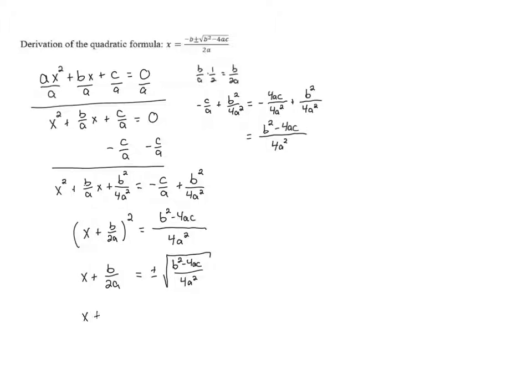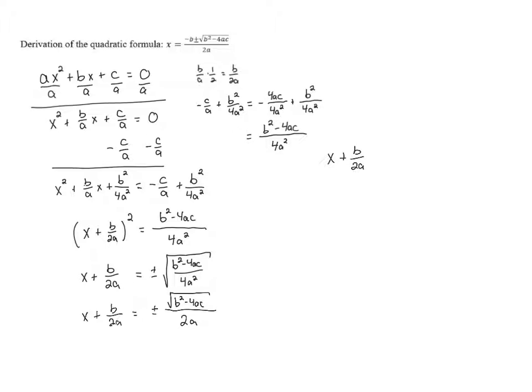This gives us x plus b over 2a equals plus or minus. In the numerator, we're still going to have the square root of b squared minus 4ac. But in the denominator, we can evaluate the square root of 4a squared to give us 2a. I'm going to rewrite what we have over here just to have some more room.